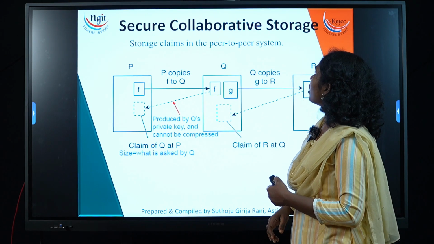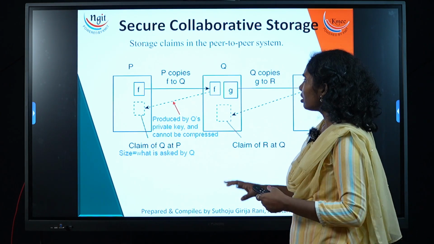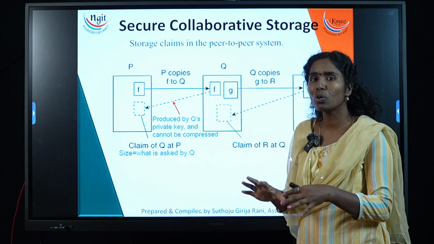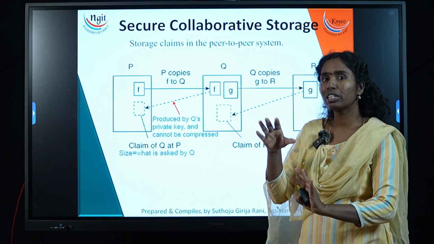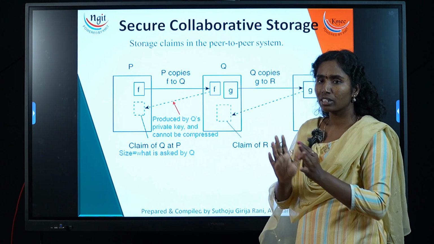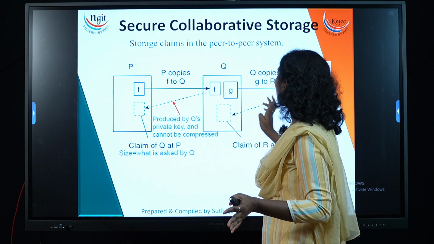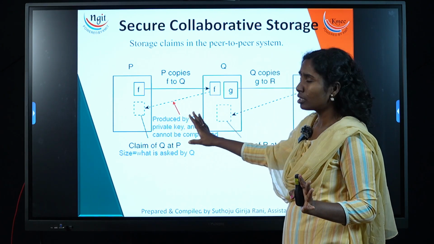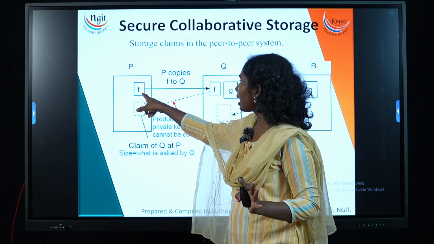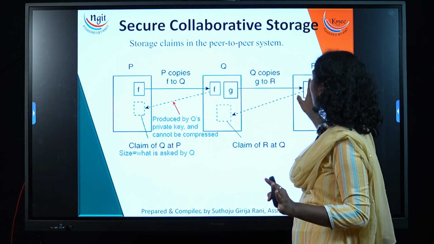The last one is collaborative storage. How are we going to store the data in a proper way in collaboration with our peer entities? Here P, Q, and R are three storage peer systems. P has F, Q has G, and R has nothing.